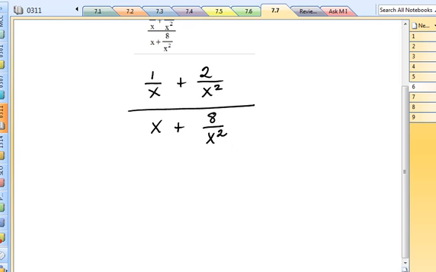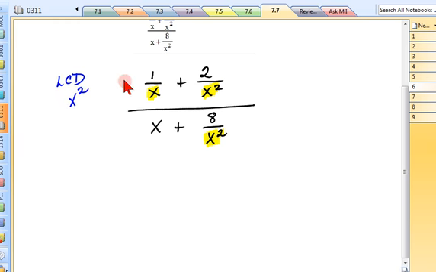I hope it's obviously a type 2 problem. And I have these denominators. What will the common denominator be? X squared. The LCD is x squared.